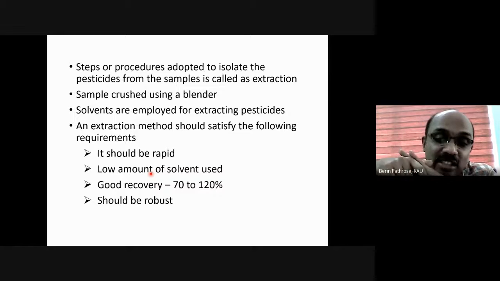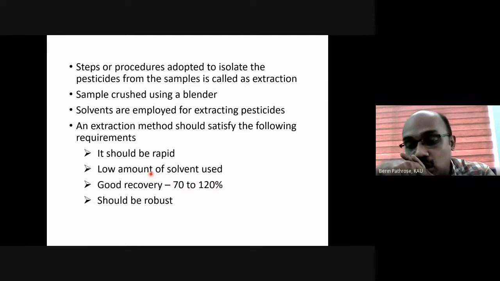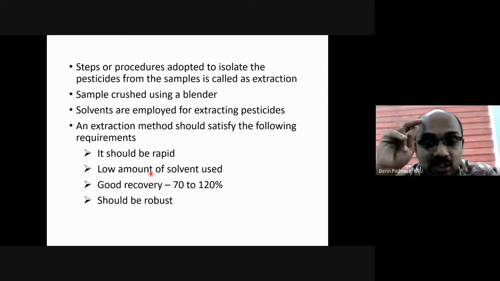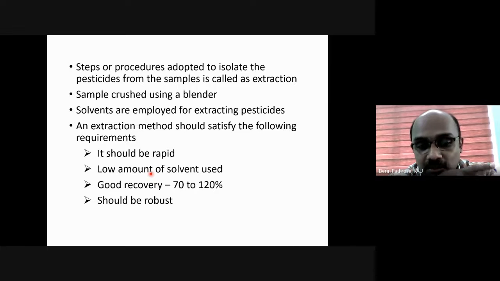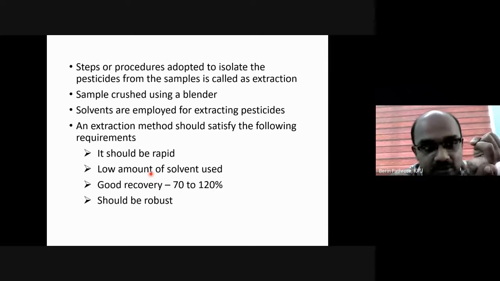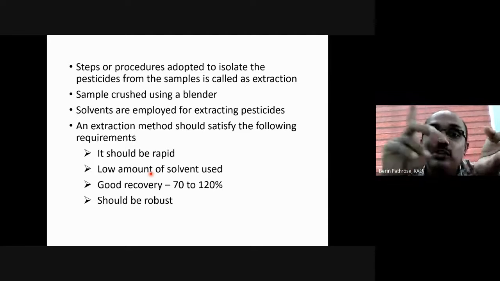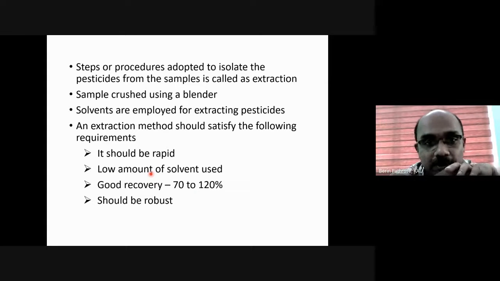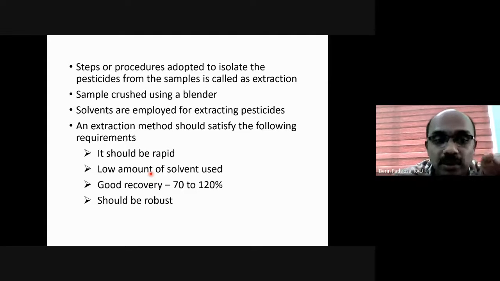So try to use as low a quantity of solvent as possible, and it should give good recovery. That we have studied, it should give 70 to 120% recovery, and it should be robust. That means even if you repeat it again and again, you should get the same result. So our extraction method should be quick, should use a low amount of solvent, should give recovery within the prescribed limits, and it should be robust.